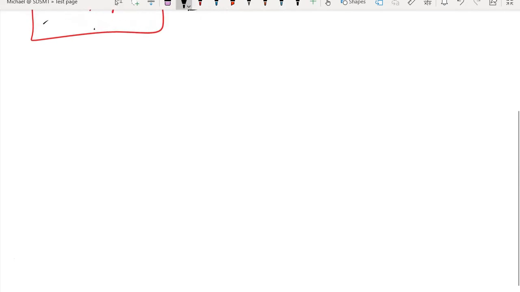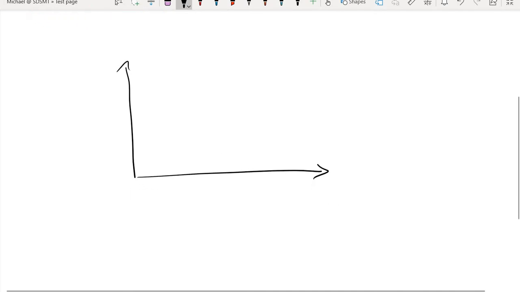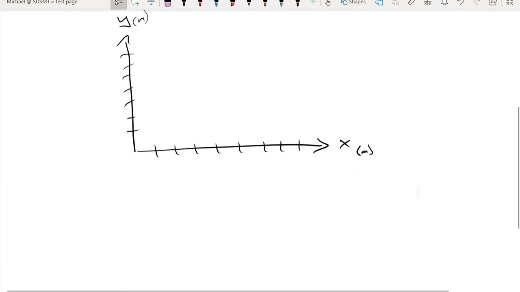The way that we're going to do that, we're just going to jump right into an example problem. We will have an X and Y axes, and each of these tick marks can be of whatever unit that you want, really. We'll just go with meters. The units really aren't going to matter in this case.